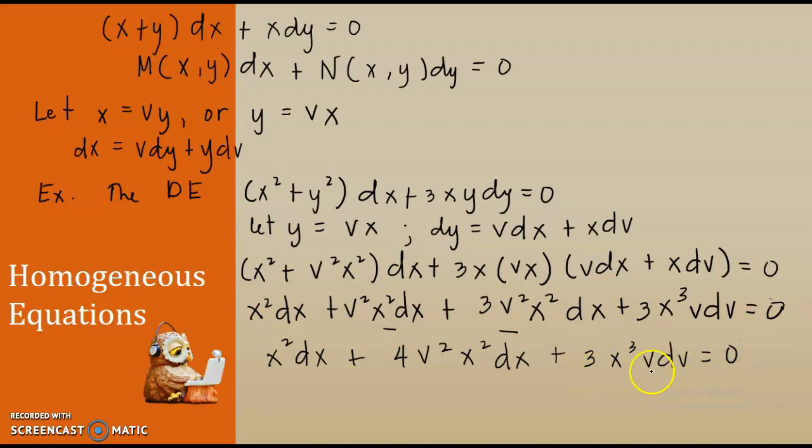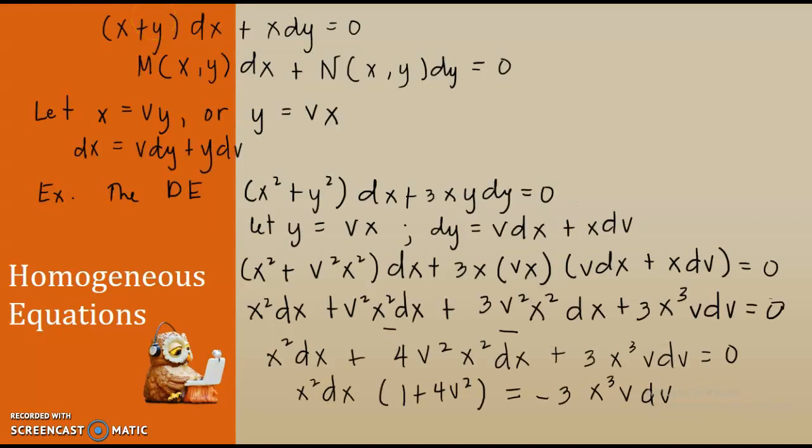Transpose natin to sa right side. Then get the common factor of this one. We have x squared dx times, 1 muna pala, common factor. We have 1 plus 4v squared equal to negative 3x cubed v dv.